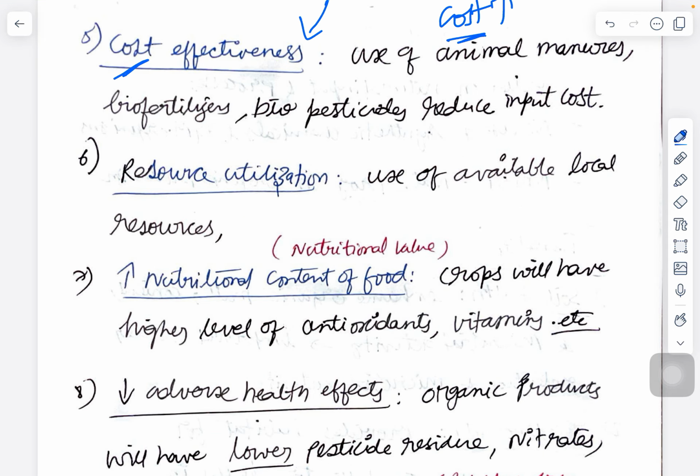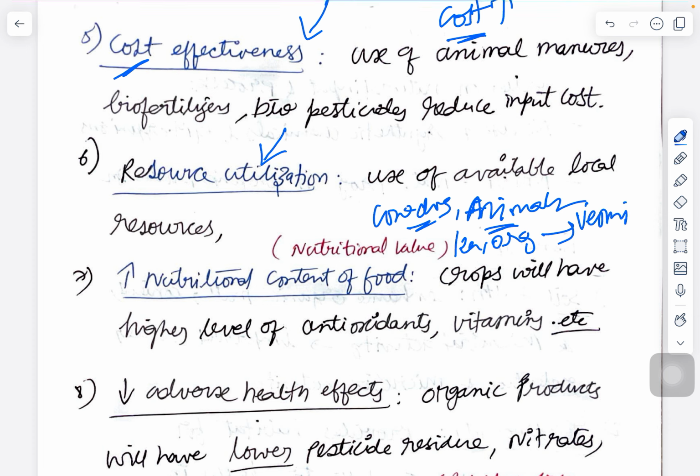Another important aspect is resource utilization, in the sense that the resources generated out of agriculture, say from the animals, or it could be cow dung, etc., or for example the leaves or other organic materials, can be converted to vermicompost, and then that can be used again.